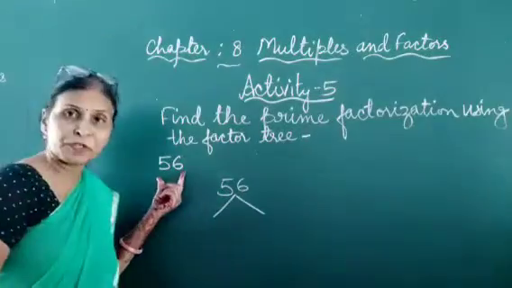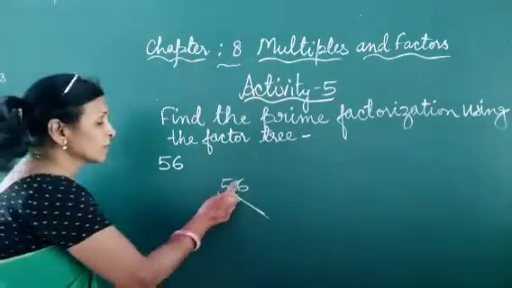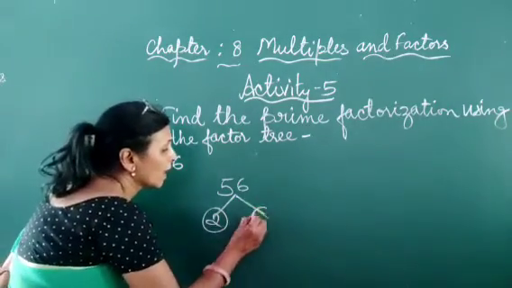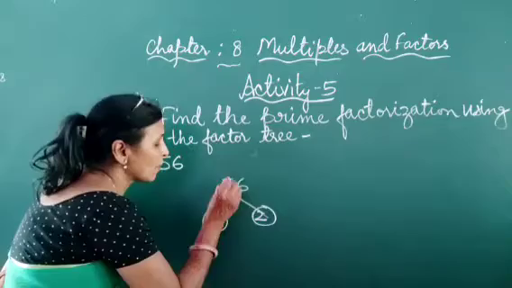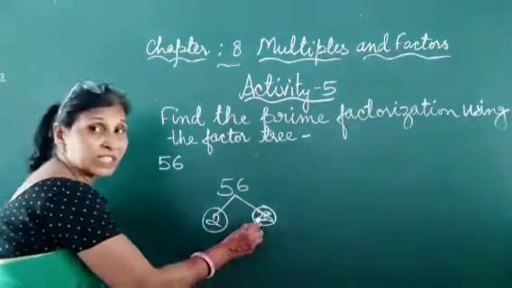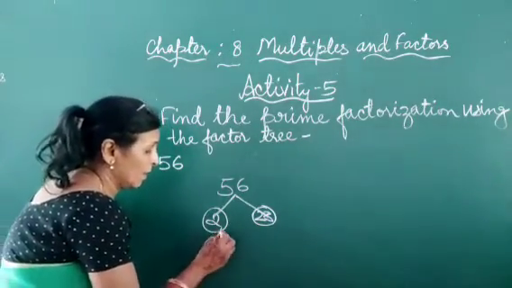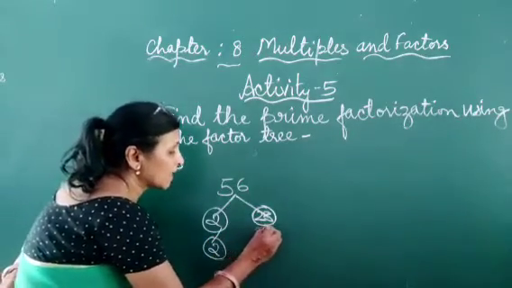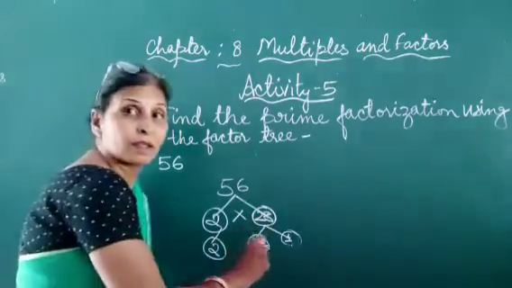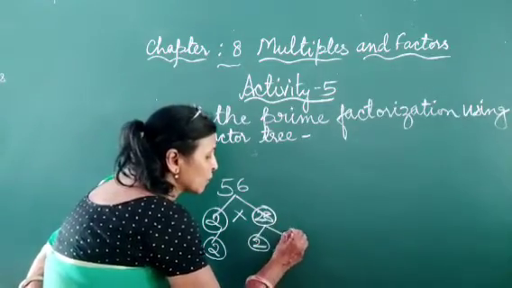The next is 56. Now we find the prime factorization using the factor tree method. First we write here 2. 2 twos are 4, 2 eights are 16. 56 is divided by 2, then 28 is our quotient. Then 2 is a prime number, we write it as it is and then we split 28. Again 2: 28 divided by 2 gives 2 sevens are 14.